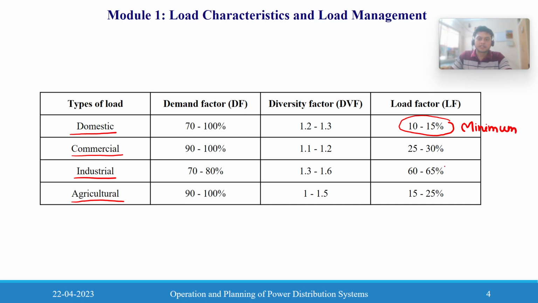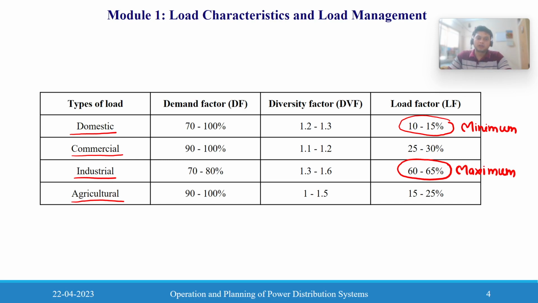And for industrial type of load, it is maximum. We can usually visualize ourselves, because in industry, whatever the peak demand, most of the equipment that is installed there is running for most of the time. That's why load factor is increased. On the other hand, domestic type of load depends on the weather and the timing.